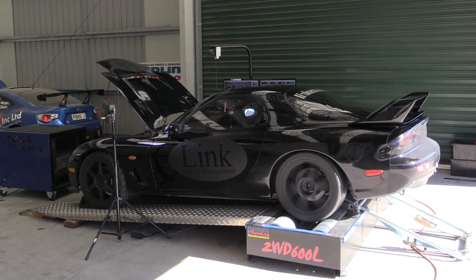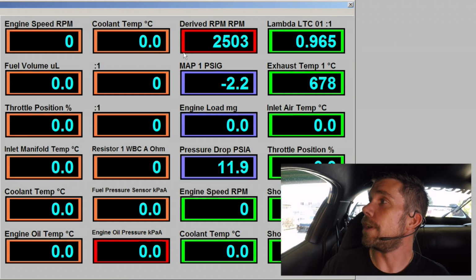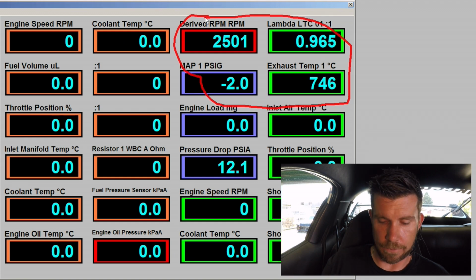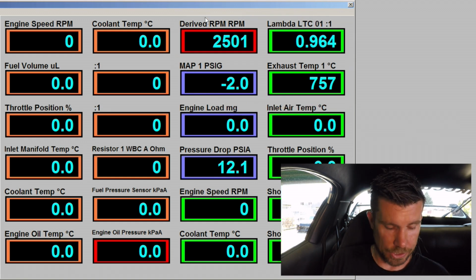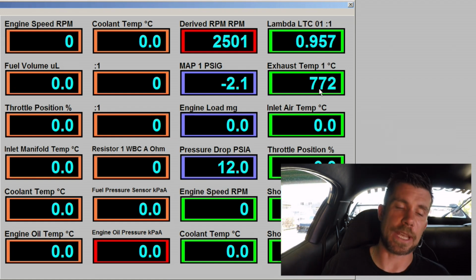Right, while we allow the engine to stabilise on the dyno, let's have a look at what we have on the dyno screen, and you'll be able to see here we have a few parameters that are of interest to us at this point. So we have our derived RPM, our engine RPM, we have our manifold pressure, our lambda, and of course our exhaust gas temperature.